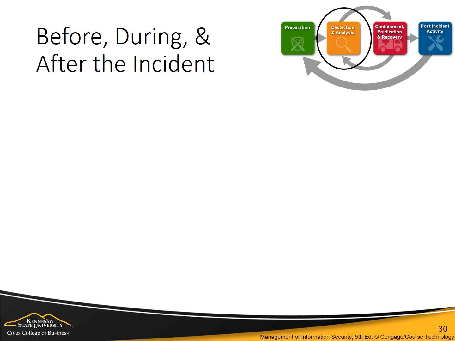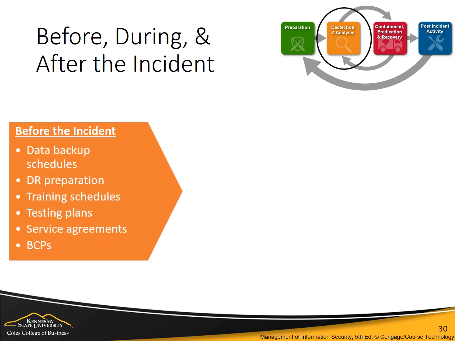For every incident scenario, the contingency planning team creates 3 sets of incident handling procedures. Planners draft a set of procedures to include those tasks that must be performed in advance of the incident.